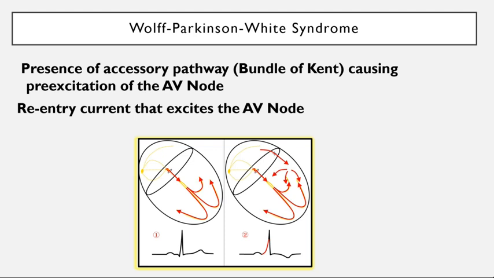Here, some of that current is going to go down and stimulate the ventricle, yes, but some of it is going to feed back and re-stimulate the pathway, so you get a really, really wide contraction at the QRS complex. You can kind of see that this is normal, and what you're looking for here is this wide QRS complex on the EKG.